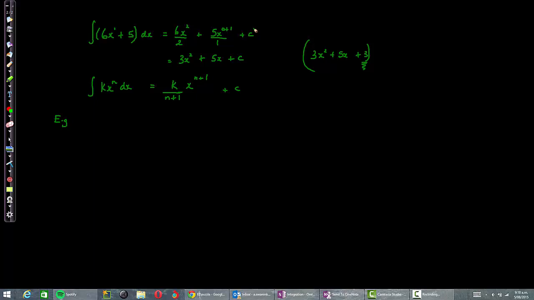So I'm going to have a look at question 9 on page 170. Okay, and this was where we've got the integral of the square root of x plus 1 over x squared.